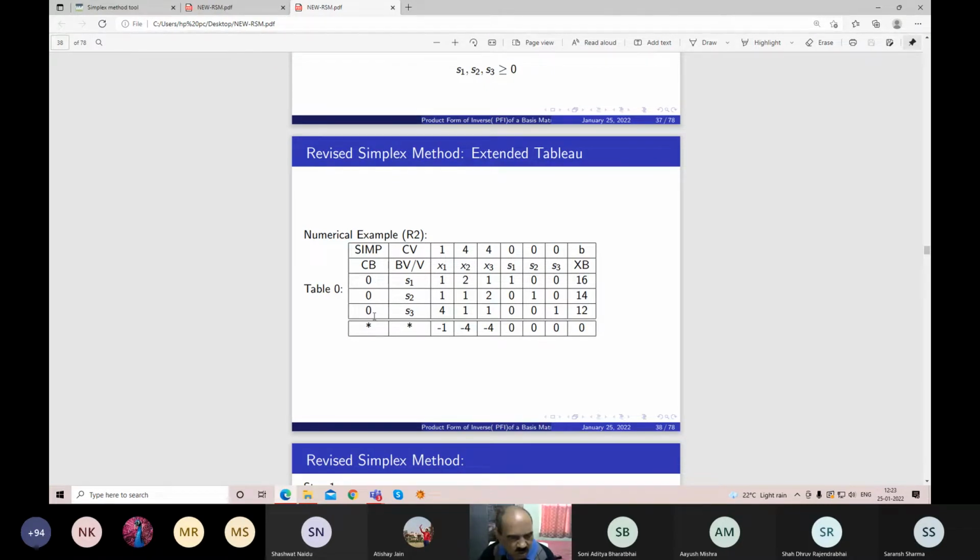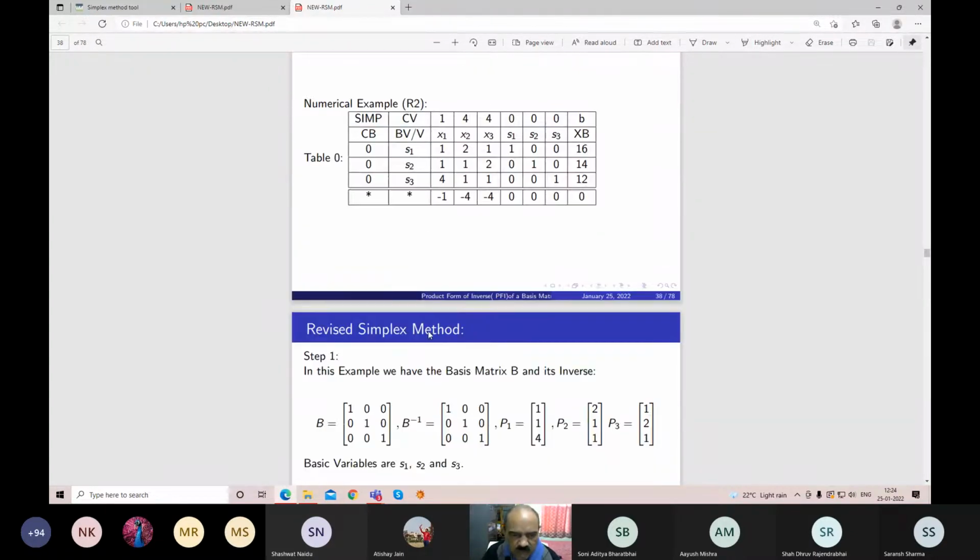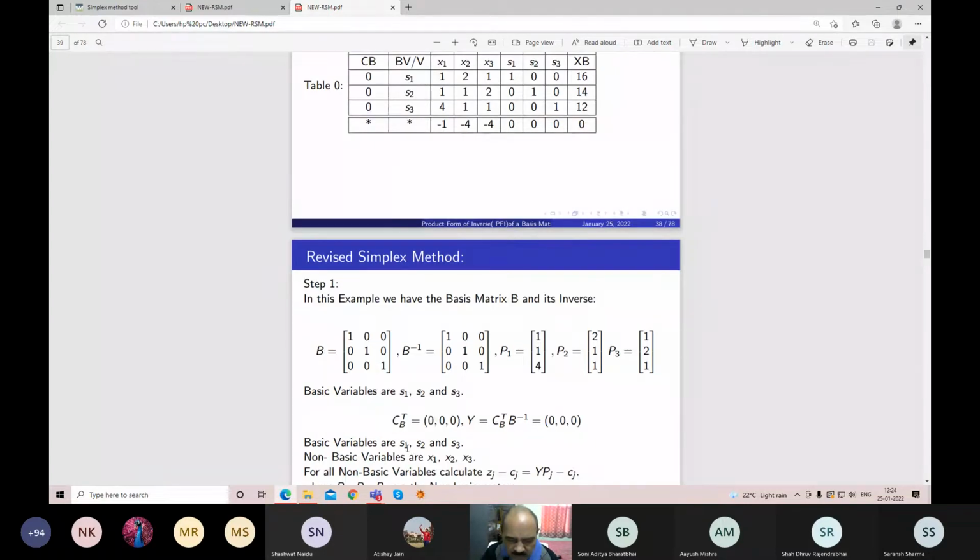When I'm saying x is a column vector, C is a column vector, so the coefficients of the basic variables are also a column vector. There are 3 zeros. So actually I'm writing here CB transpose, the coefficients of the basic variables transposed, because I meant to make it a row. So the elements are 0, 0, 0.